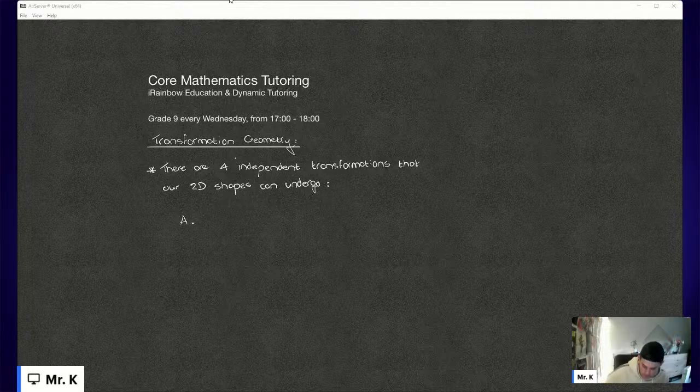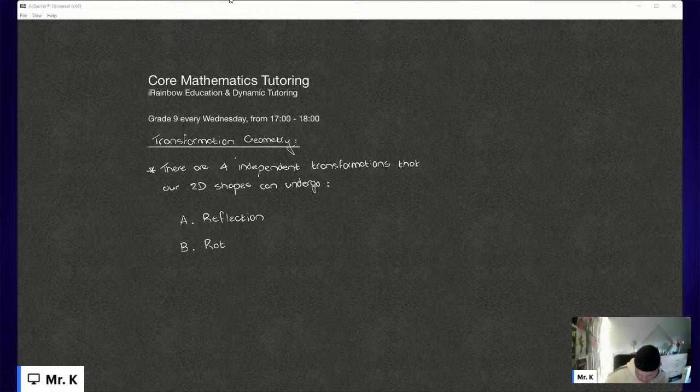A, our shape can undergo reflection. Our shape can undergo rotation. It can also undergo translation. And finally, it can undergo dilation.